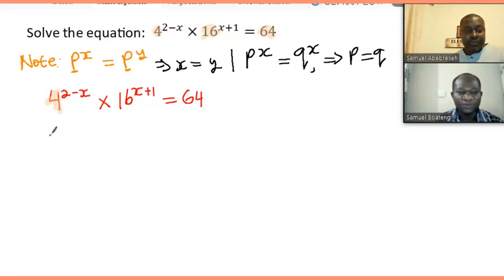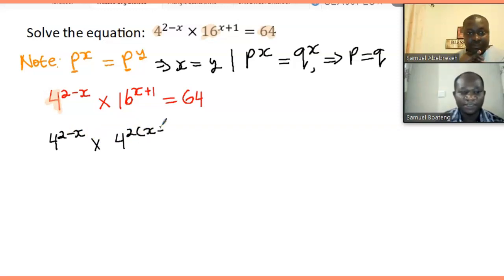So we need a common base so that we can equate the exponents. 16 can be expressed in terms of 4. So 4 raised to the power 2 minus x times 4 to the power 2 times x plus 1 is equal to 4 to the power 3. 64 can be written as that.